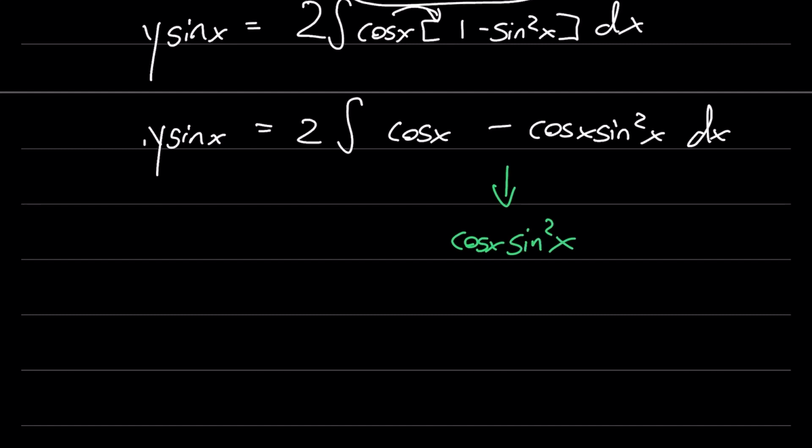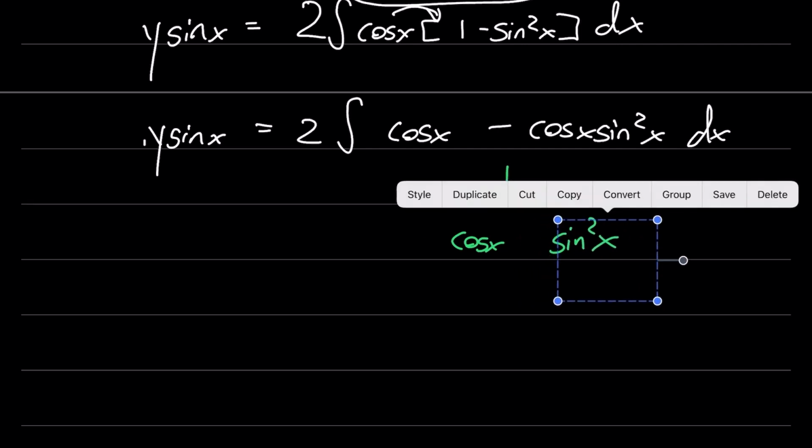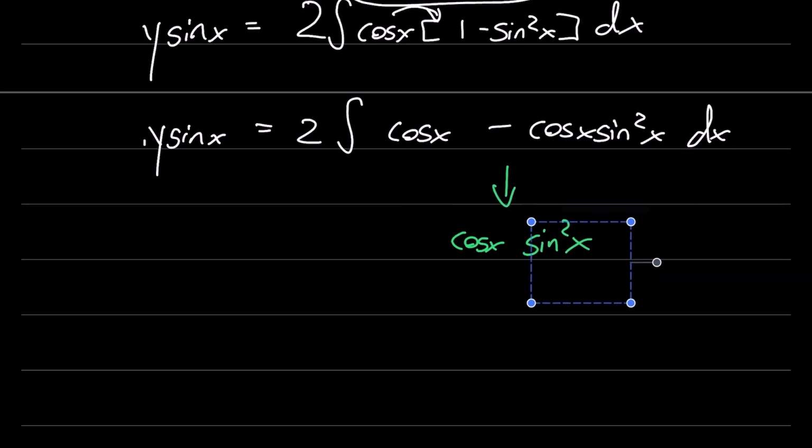Well, the differential of cos x is negative sine x, and don't forget that we have a negative sign here. And this negative sign is being multiplied, so it distributes to everything. So we're going to have negative cos x times sine squared x.